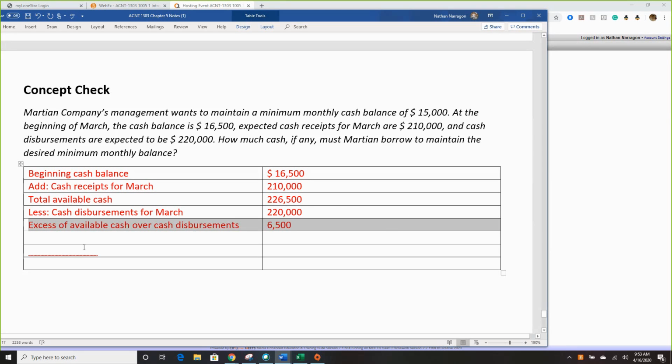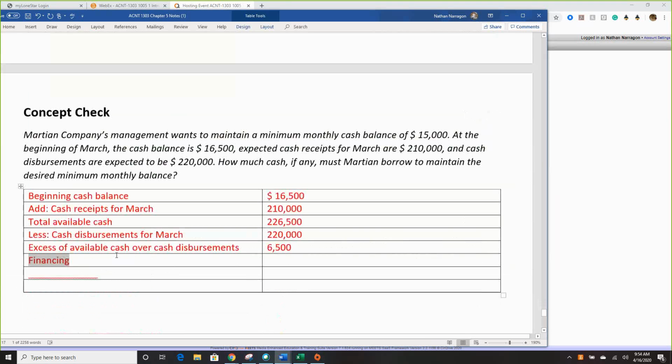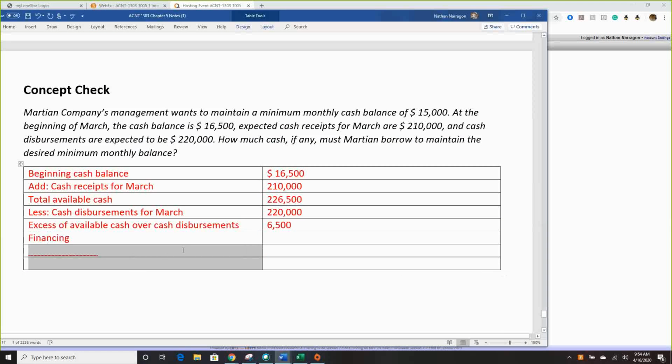So this is our excess of cash or available cash over cash disbursements. You still have positive money after all this, but it doesn't equate to the $15,000. So that would mean for financing, which is the last step, we're going to have to borrow.